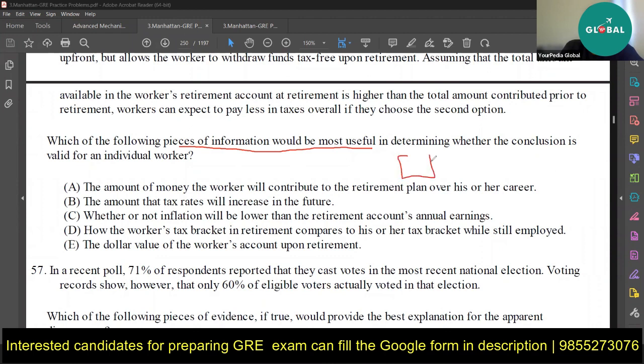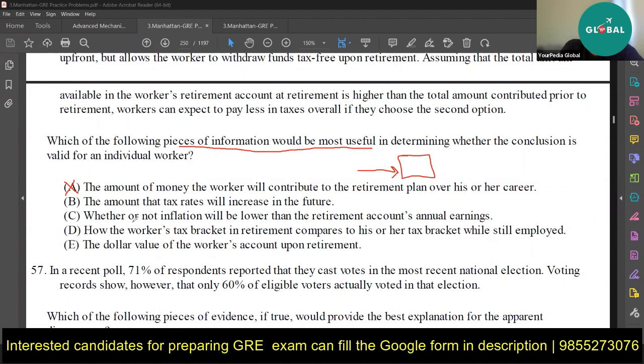You don't know the exact amount, but you know whatever he's going to withdraw is already higher, which is given in the question. So we don't have to know the exact amount he's putting in. So the amount of money is not a very useful piece of information here.